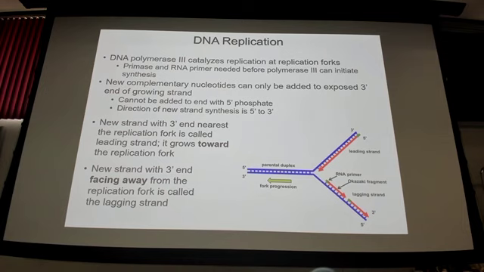But because you have this problem of laying down only 5' to 3', you have to do this in a discontinuous, disjointed manner, if that makes sense. So you're moving away from the replication fork, but you're still going in that 5' to 3' direction, and you still need all these different RNA primers to be laid down for that polymerase to synthesize from.